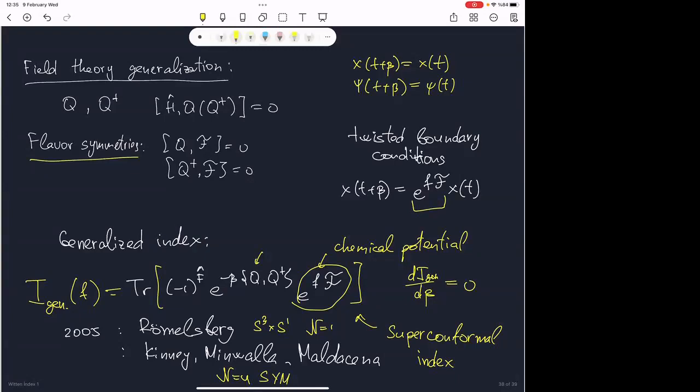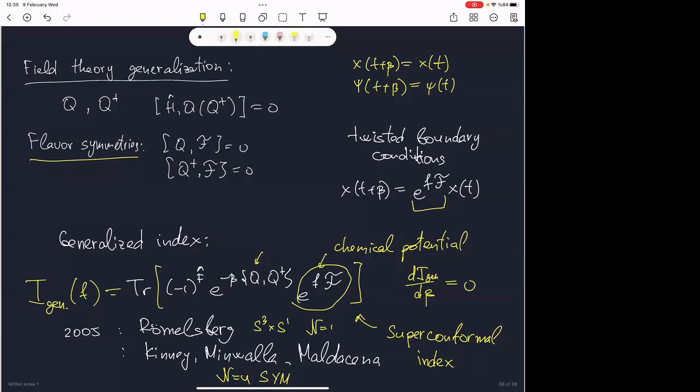If you know the symmetries of the theory, you just plug everything in, try to compute somehow, and then you can tell something about the theory, even if it has no Lagrangian description.